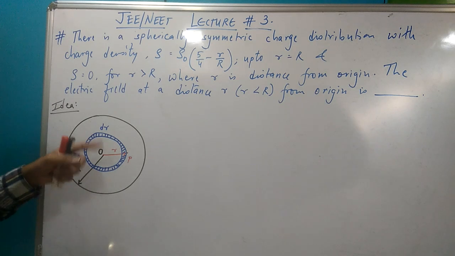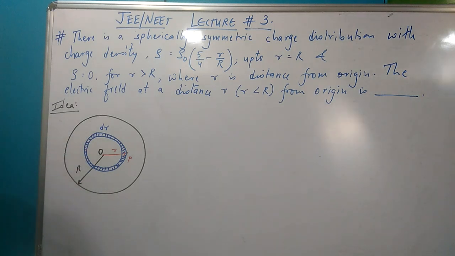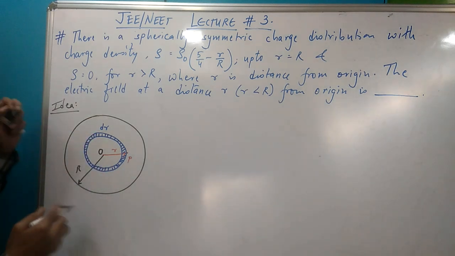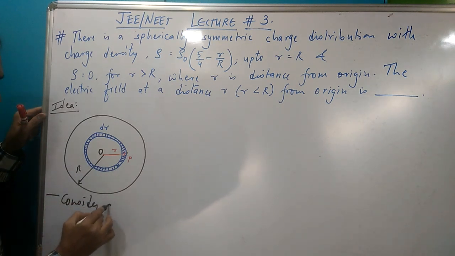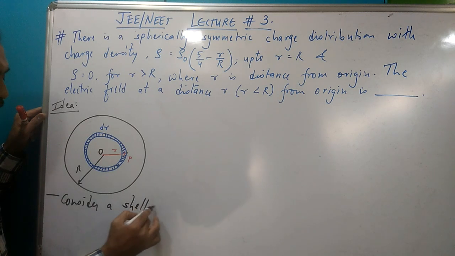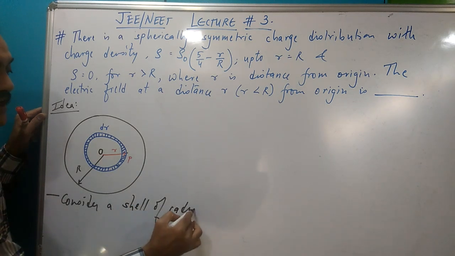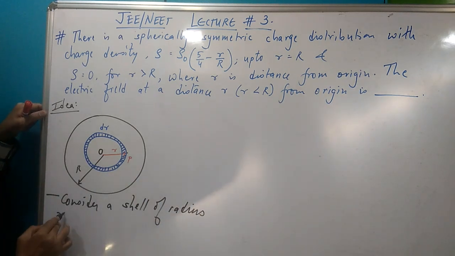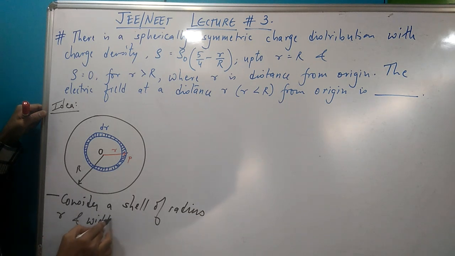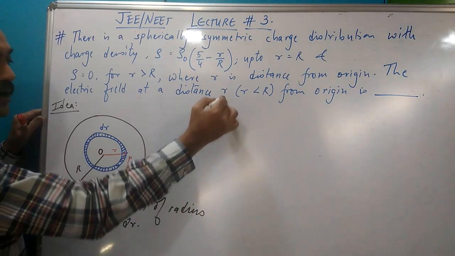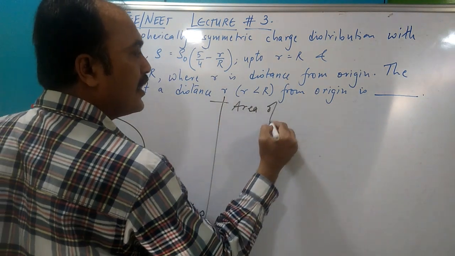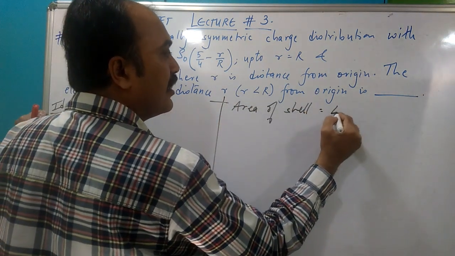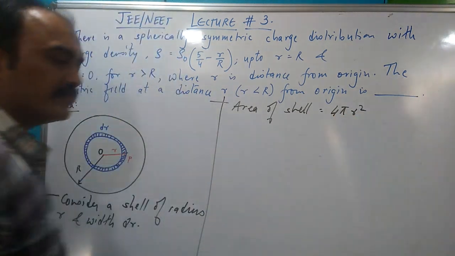So what is the area of this elemental shell? We can call it a shell. Consider a shell of radius r and width dr. What is the area of the shell? Area of this shell is 4 pi r square.